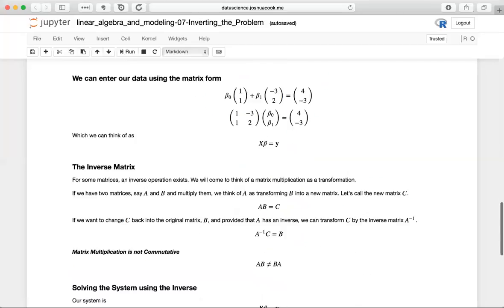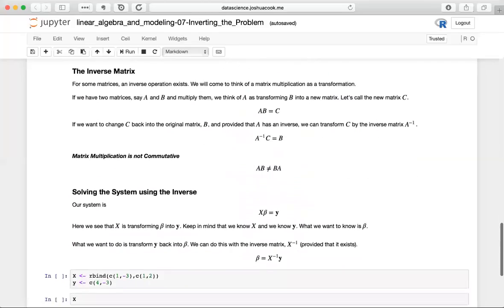So we've been talking about the inverse matrix, and this is just a quick review of what's going on with it. It is important to know that the inverse does not always exist. For some matrices, an inverse operation exists; it doesn't exist for all of them.